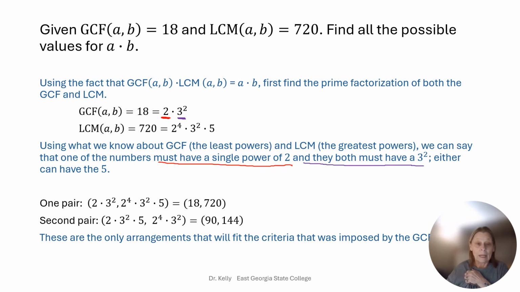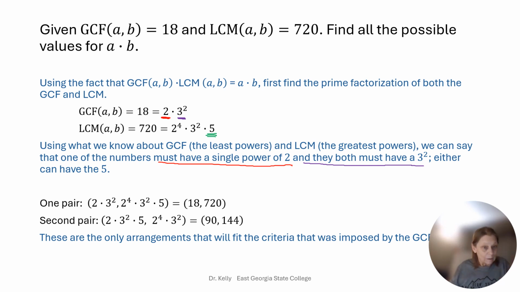Okay. Now, either one of them can actually have this 5 because the LCM means that it could be on either one. The GCF is the common, the LCM is listing all of them and at the highest power that they're listed in either of the factorizations.